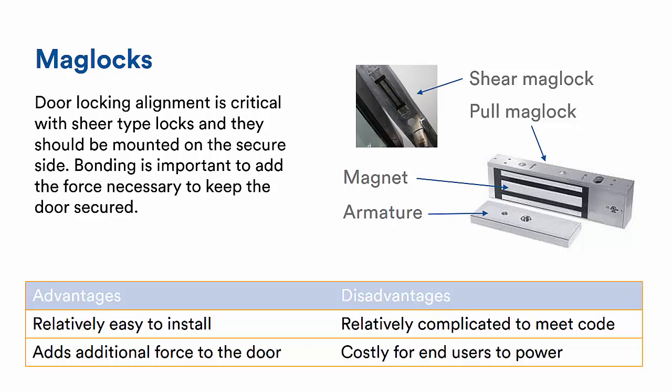These devices also require constant and uninterrupted power to remain secure, which is relatively expensive for your end user to power. So fail-safe conditions are not always desired, so battery backup is a common feature of the power supplies for these locks.